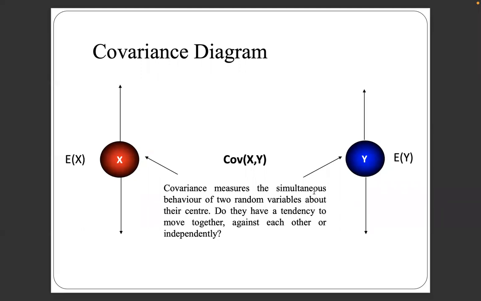Covariance measures the simultaneous behavior of two random variables about their center. Do they have a tendency to move together, against each other, or independently? So it is the tendency to move from the center, the center in the sense of the mean value. If we take their mean value, they are moving in the same direction or opposite direction, positive or negative.